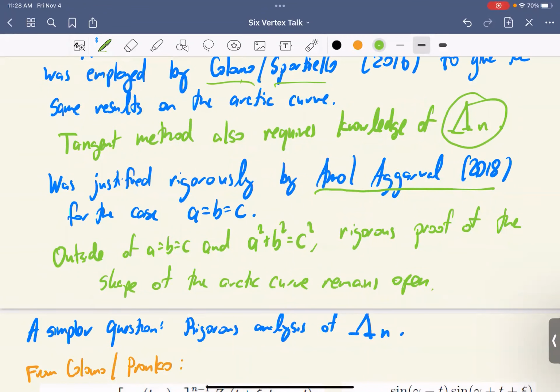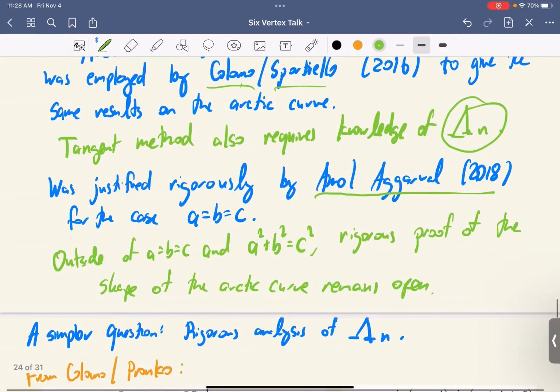What about fluctuations at this ice point? There's one paper, very recent, just from last year, by Arvind Ayyer, Sunil Chhita and Kurt Johansson. They don't approach the fluctuations directly. They draw a line and find the probability that the fluctuations don't hit the line. So the fluctuation should be the Airy process, and they find something like the maximum of the Airy process.